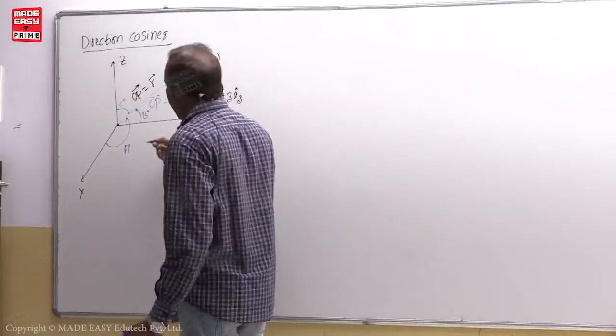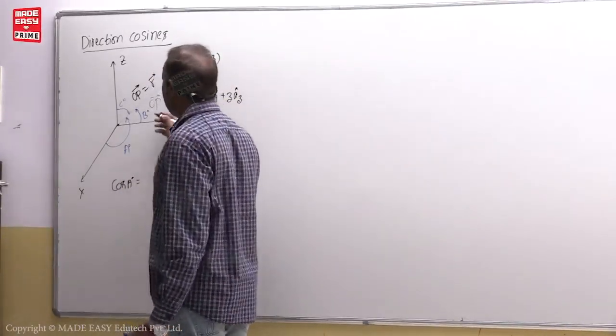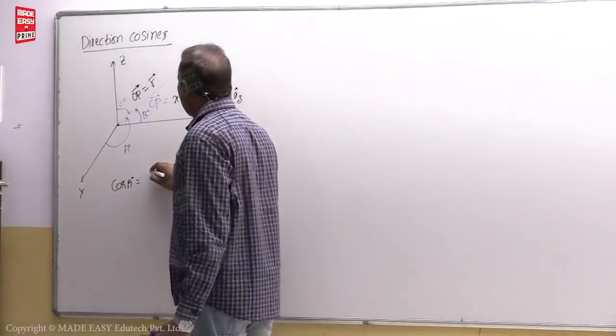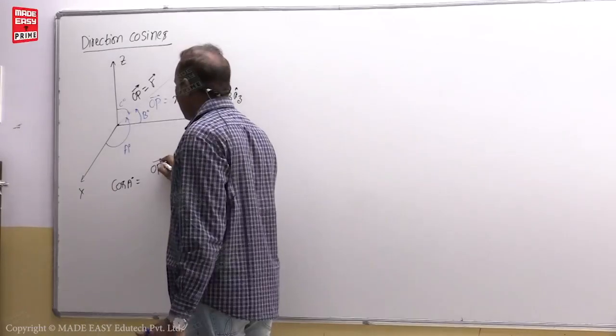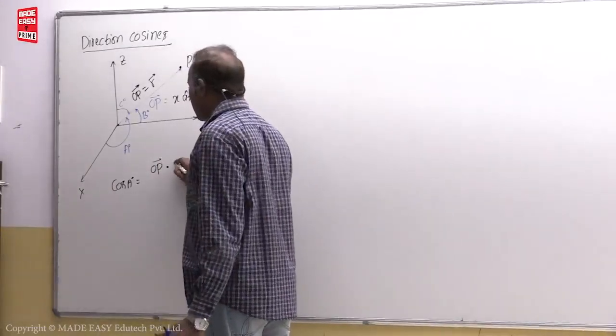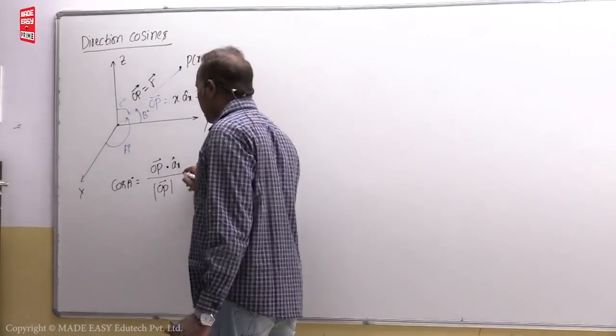I am showing it here. Now cos A is defined like this: cos A is equal to OP bar, or otherwise R bar, dot ax divided by modulus of OP bar.